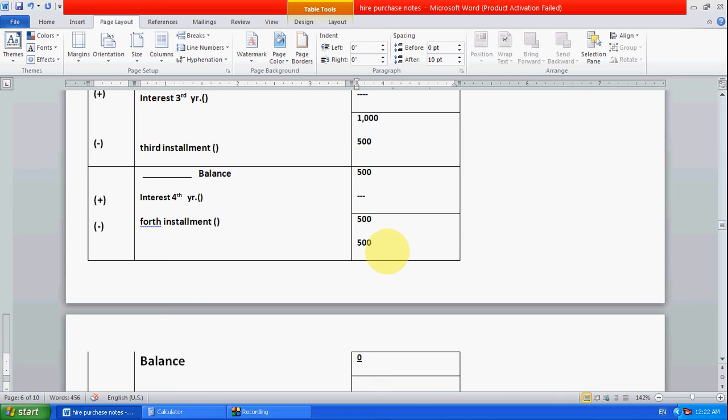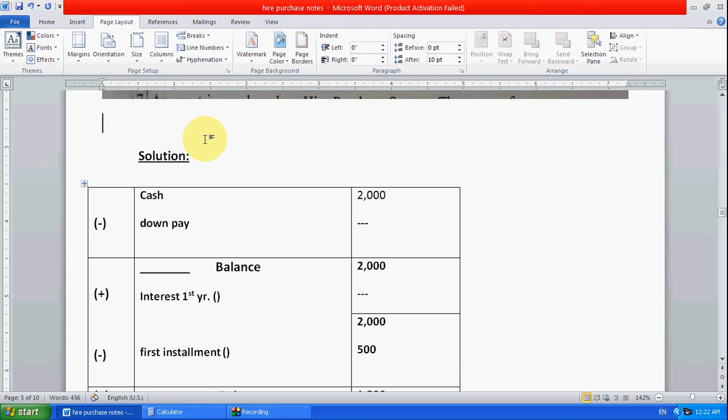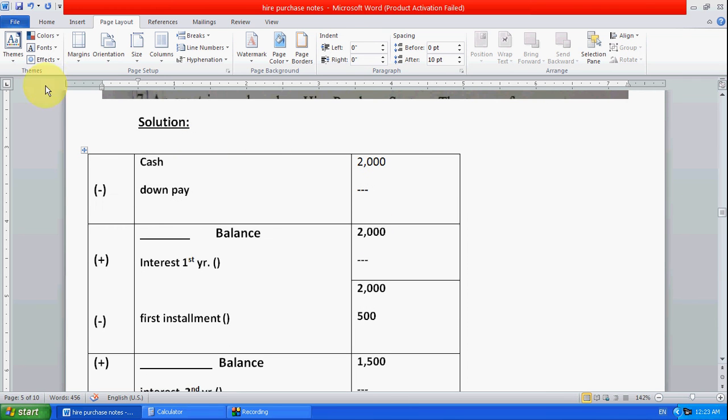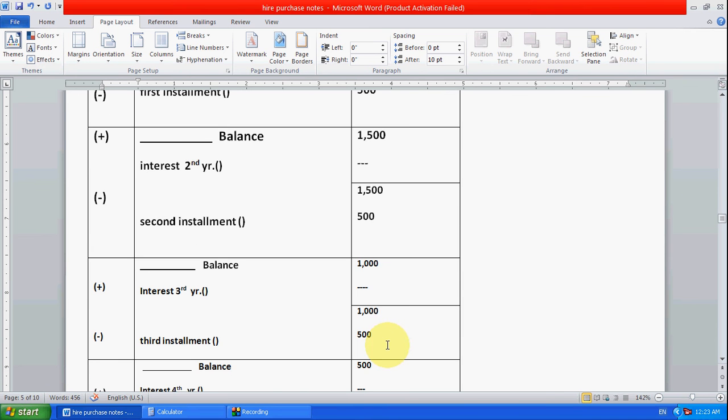So one by one we have to pay like this. First, 2000 is the cash price. There is no down payment, balance 2000, no interest, so 2000 is brought forward. Then after the first installment it becomes 1500, no interest, then 1000, again no interest.